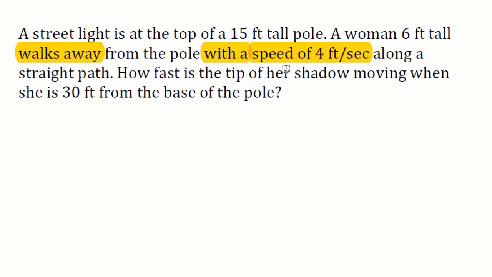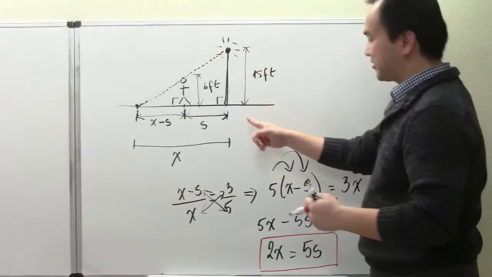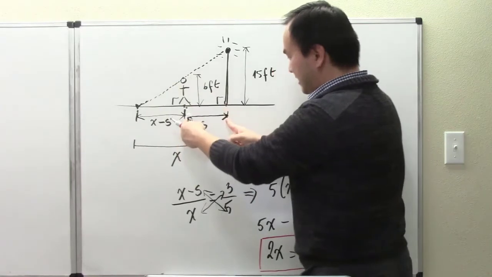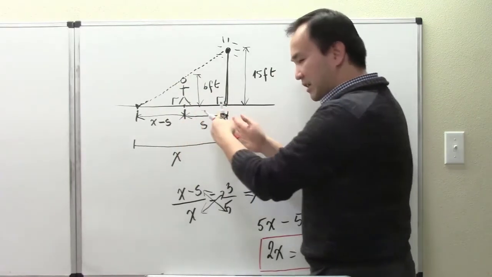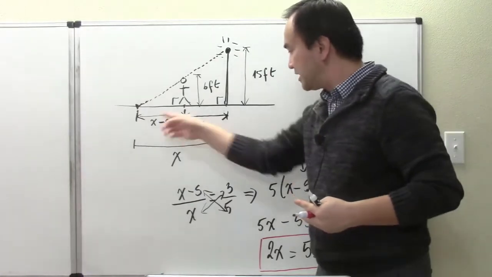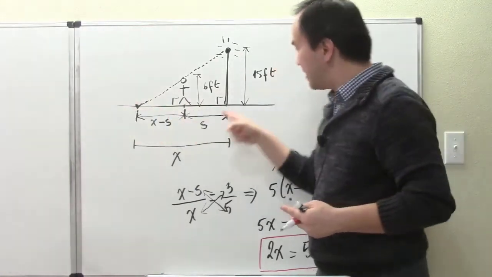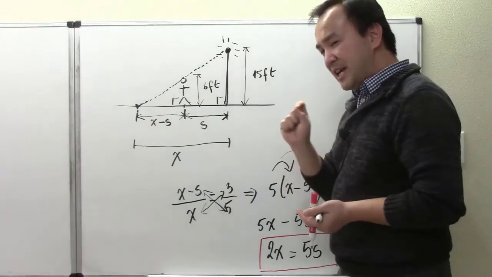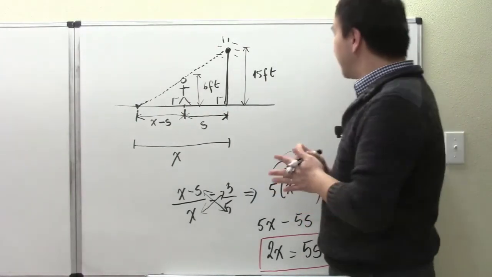According to this picture, as she walks away, that length s, her position, gets bigger and bigger. She gets more distance away from this light pole. And that speed was given, 4 feet per second.